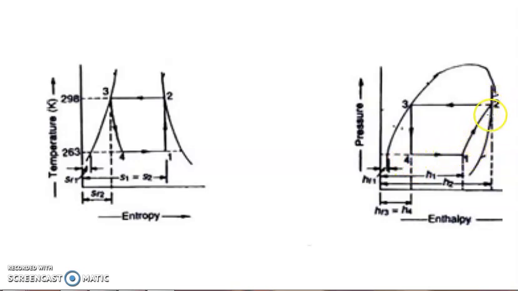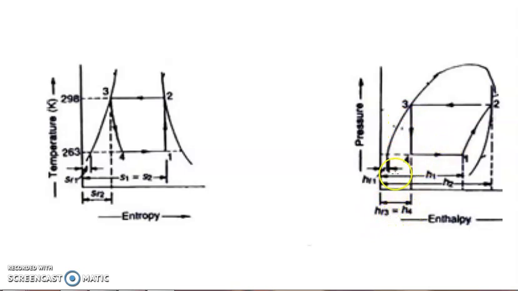Due to the compression process, enthalpy is increasing, 2 to 3 is the condensation process, and 3 to 4 is the isenthalpic expansion process. Now you observe, state 3 lies on the saturated liquid line, so we can write H3 is equal to HF3 is equal to H4.